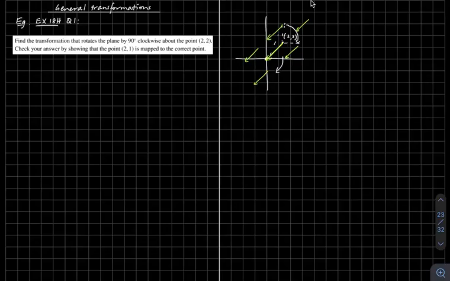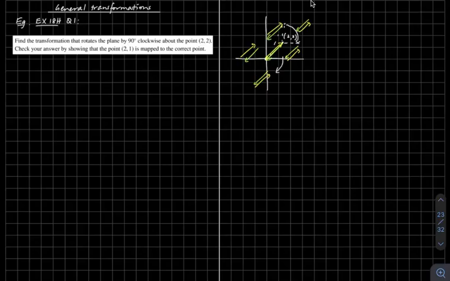Then I'm going to rotate the plane by 90 degrees about the origin, which I know how to do. And then, once I've done that, I'm going to shift everything back. So basically reverse that initial shift to get the whole plane back where it started.